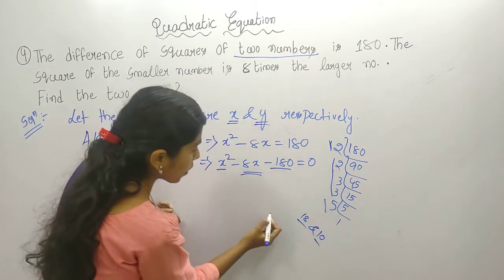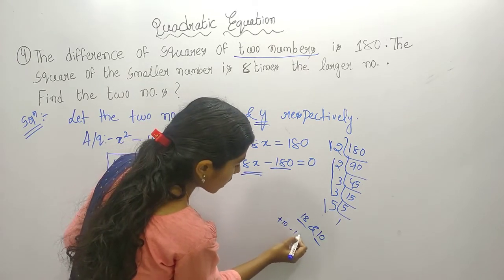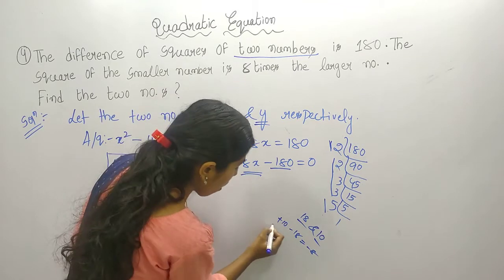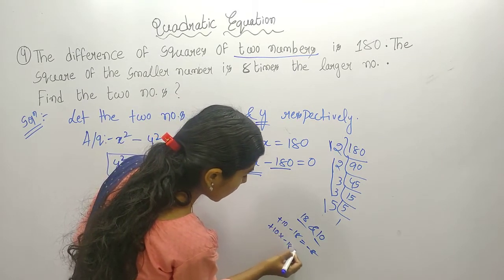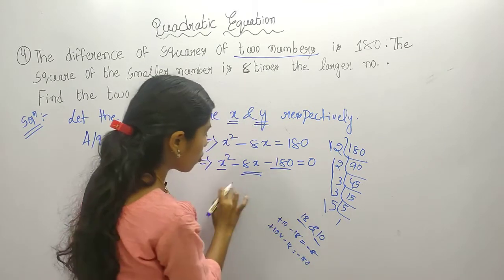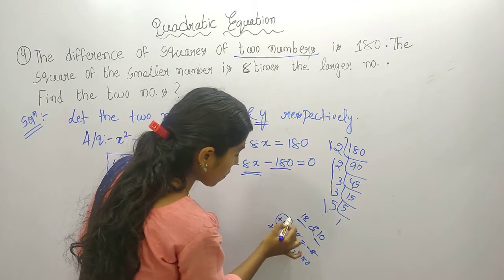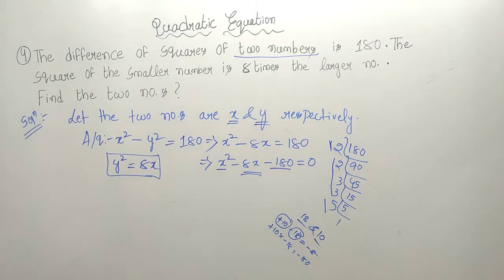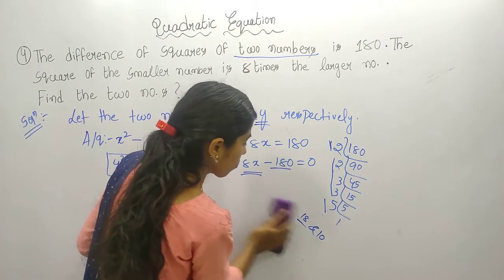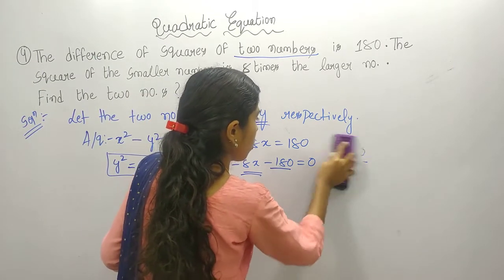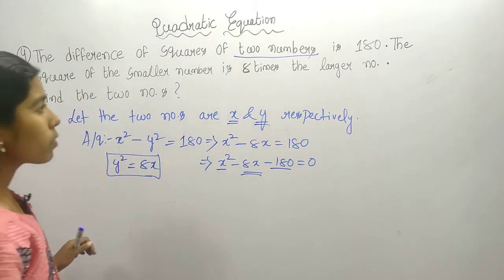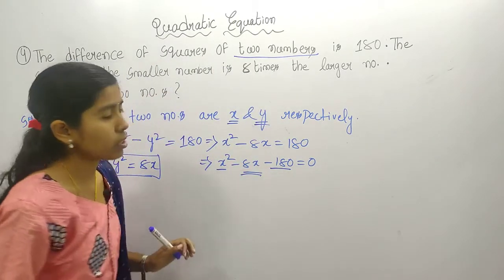So you see, plus 10 minus 18 equals minus 8, and plus 10 into minus 18 is also minus 180. So these are the two numbers, plus 10 and minus 18, and we will take these two to factorize.